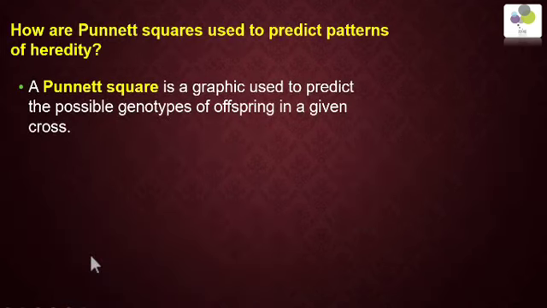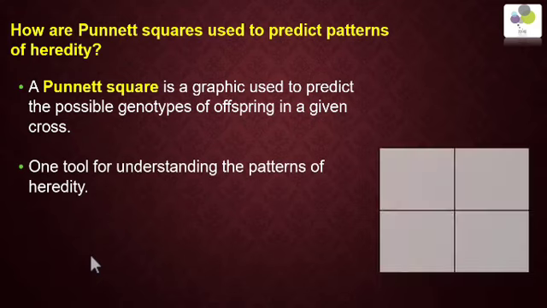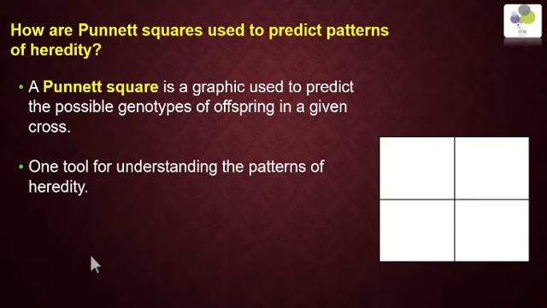Okay, so let's start, guys. What is a Punnett square? A Punnett square is a graphic used to predict the possible genotypes of offspring in a given cross. What does it mean? As you can see in this picture, we have 4 squares beside each other. We use this tool to understand the pattern of heredity.